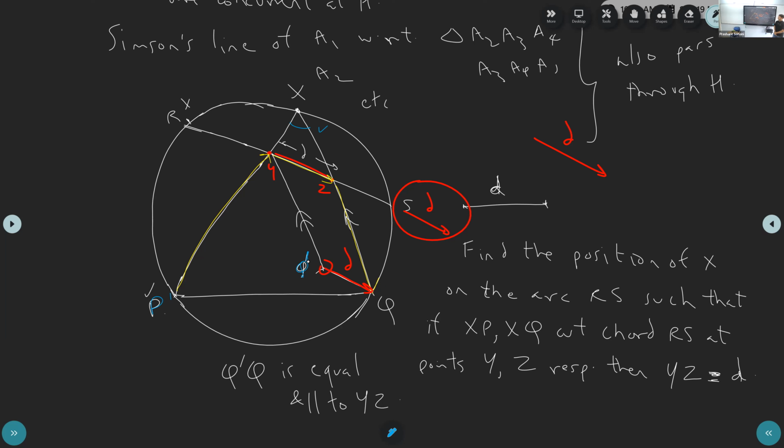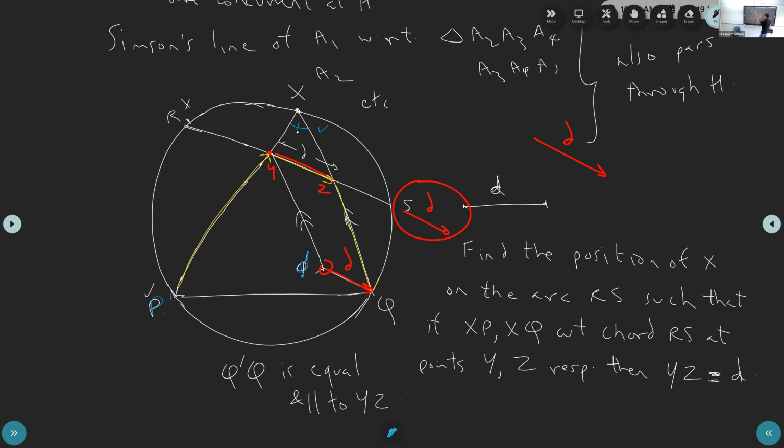Why can you? I am saying that you can find point Y. The reason is because what is the third thing that is fixed which we have not used so far? No, the angle, right? So this angle is fixed, but that angle is at X. Yeah, but what we have is P and Q dash. That angle is at point X. We don't know where the point X is.